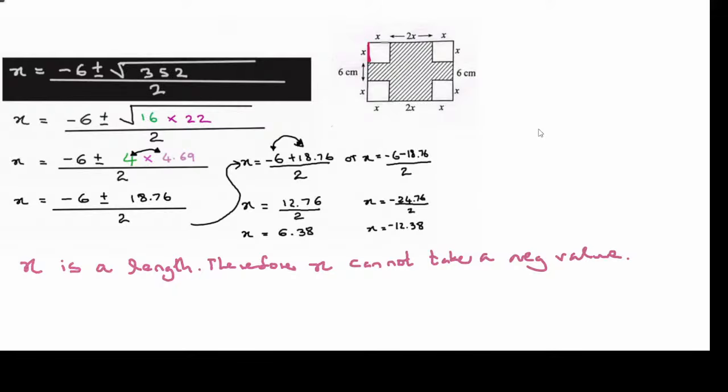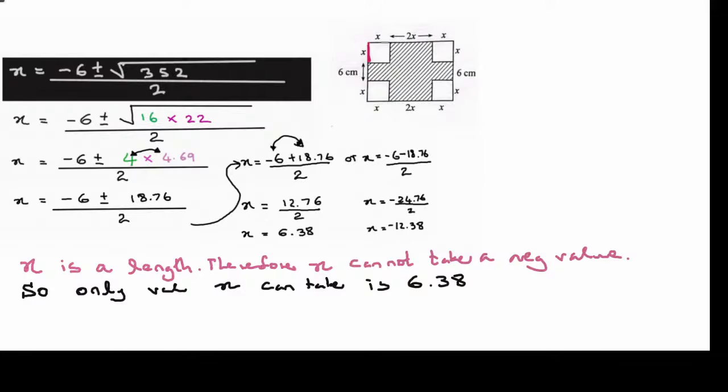So the only value x can take is 6.38. All right. But let's see whether the examiner is happy with 6.38 or wants us to give the answer by rounding.